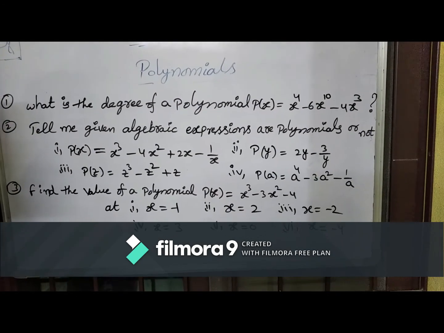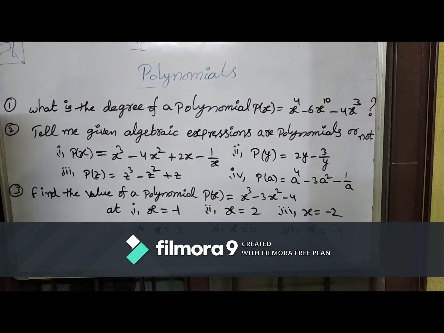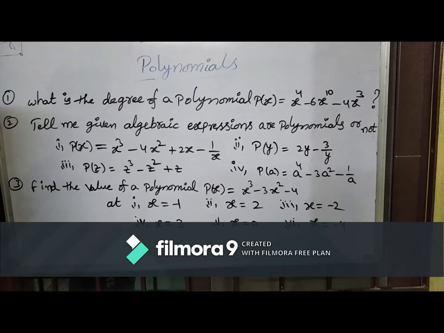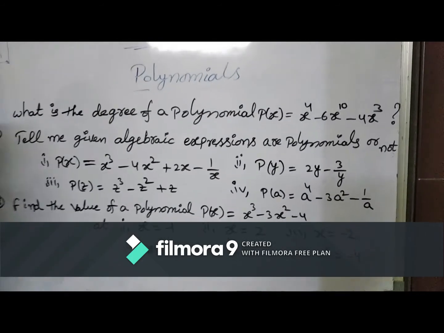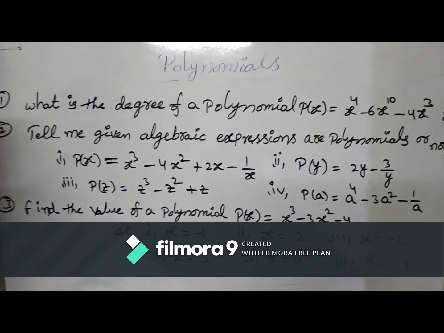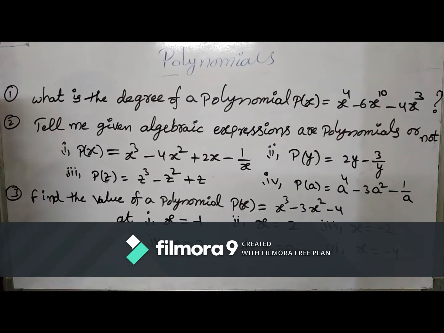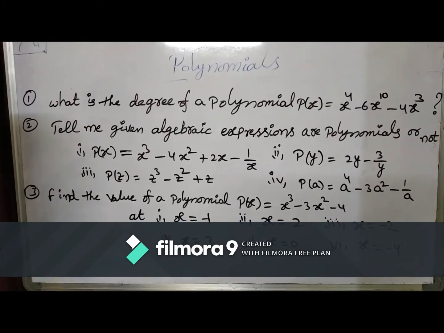Note down all these sums, guys. These are very useful to improve your topic and learn it easily. If you do these sums, you will get this concept easily. So note down these three sums.